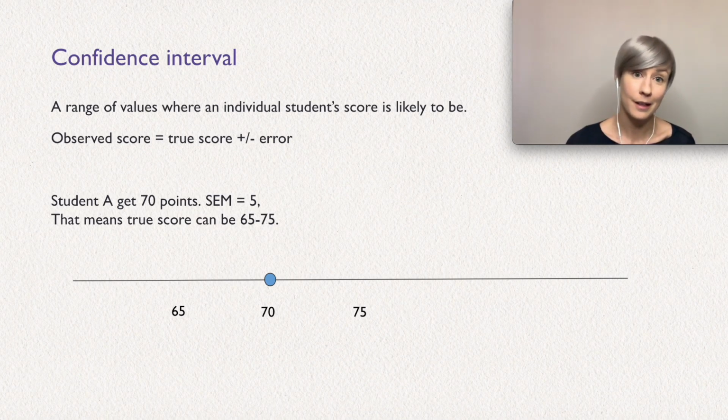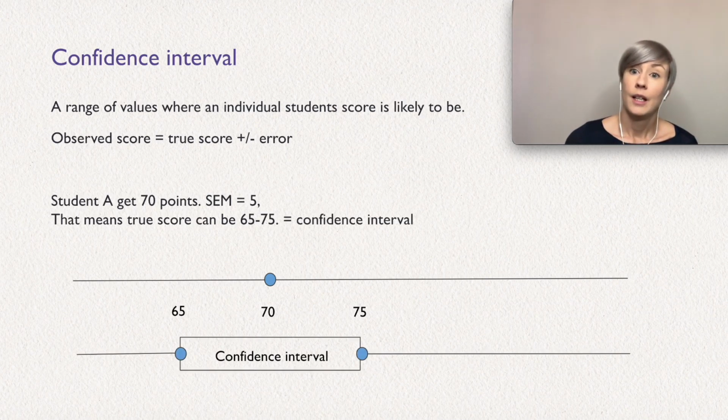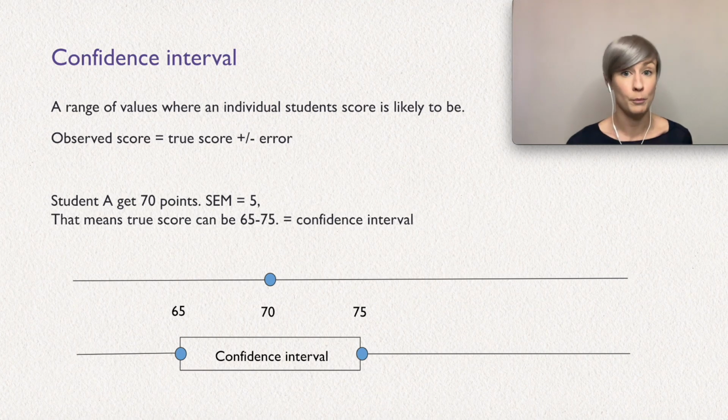So their true score, 70 plus minus 5, means somewhere between 65 and 75. This is what we call the confidence interval. Somewhere here will the student's true score be. We will never know exactly where, but somewhere in here.